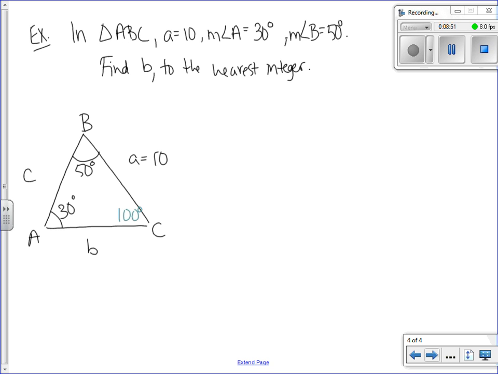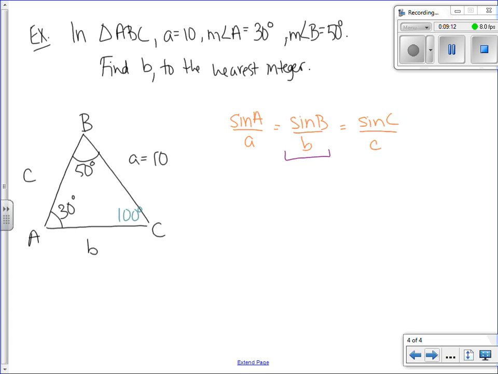Now, I'll write out all pieces of the law of sines. Because even though this has 3 pieces, I don't need all 3 right now. I want to find b. So I definitely need this piece.